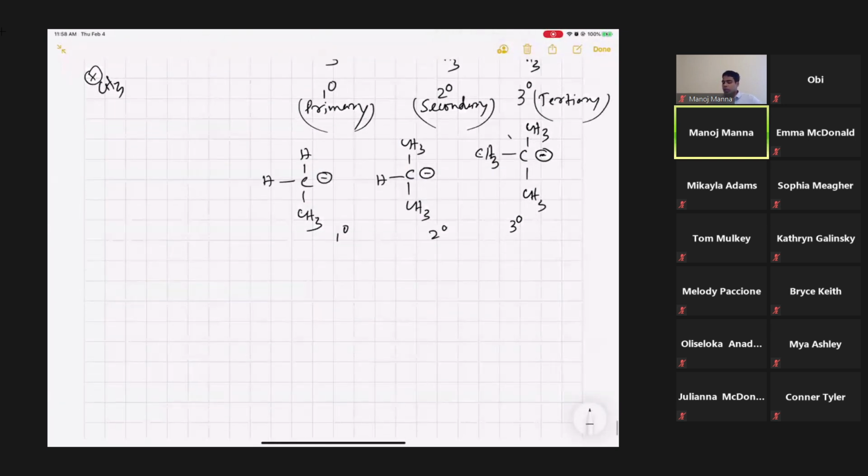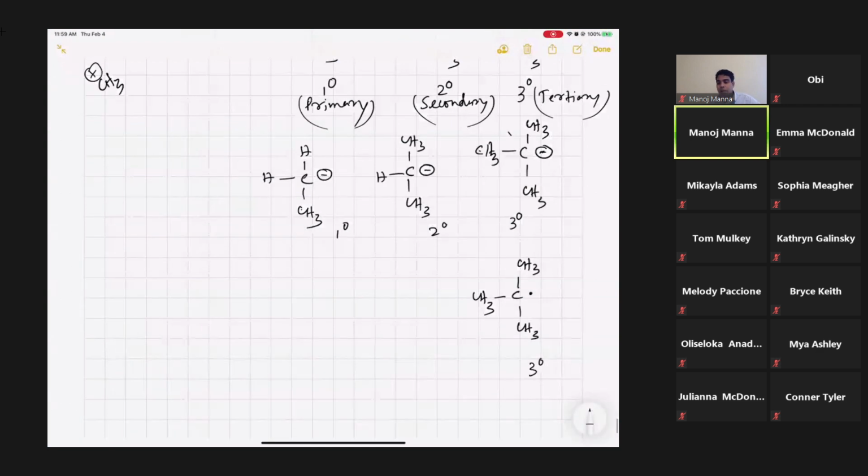Similarly, instead of carbocation or carbanion, if you have a radical, here is a carbon with CH3 groups and 1 electron. These have neither a positive nor negative charge, they are neutral, but they are radicals. That means this is a 3 degree radical. We don't have that much chemistry using radicals, but we have chemistry over carbocations and carbanions.